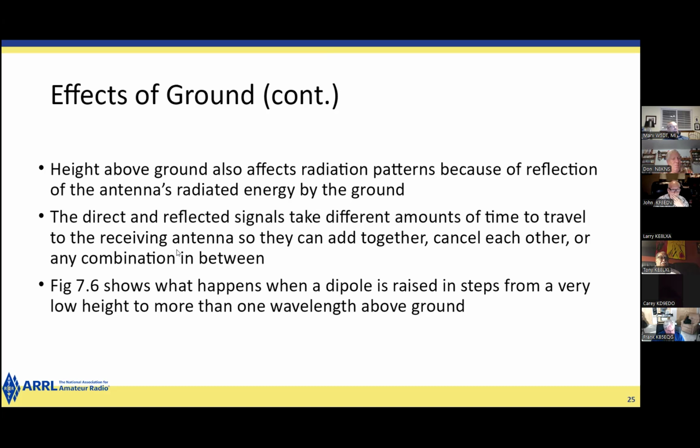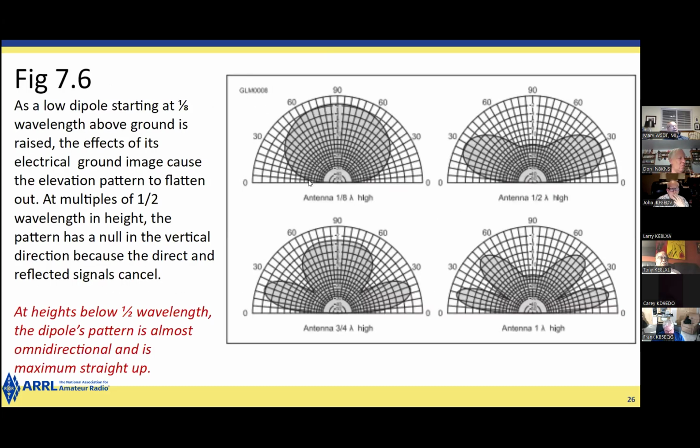So here's another image. This is what happens to a signal when you change the height of the antenna above ground. See how it changes. You've got an antenna that is 1/8 of the wavelength above ground, half wavelength. This signal is almost going straight up.